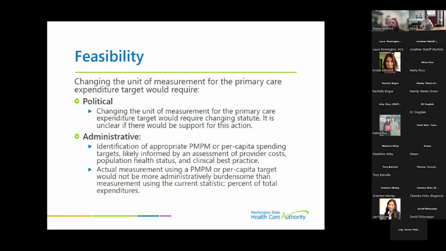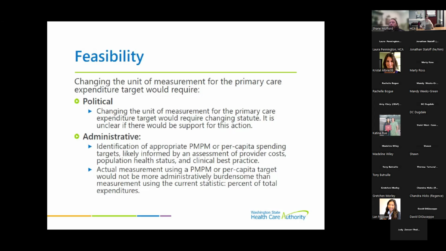Administratively, I think it's not a trivial lift to figure out what a more appropriate per member per month or a per capita expenditure target for primary care would be. You would likely want to inform that by assessing provider costs and accounting for population health status and also clinical best practice. And again, that's not a trivial lift.